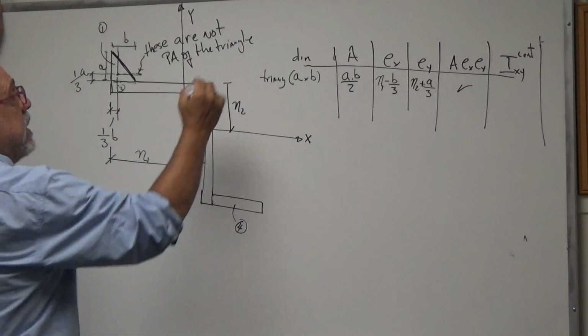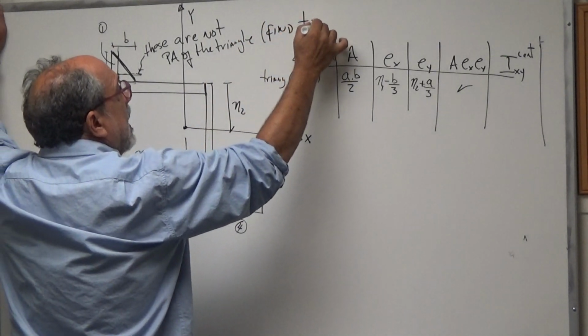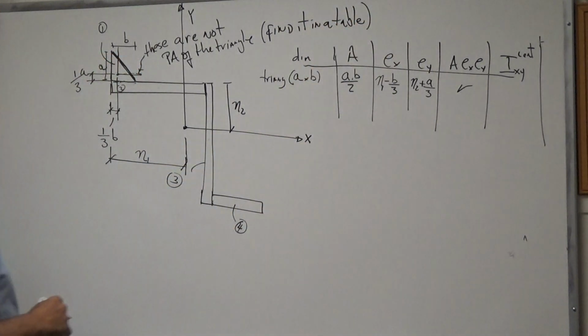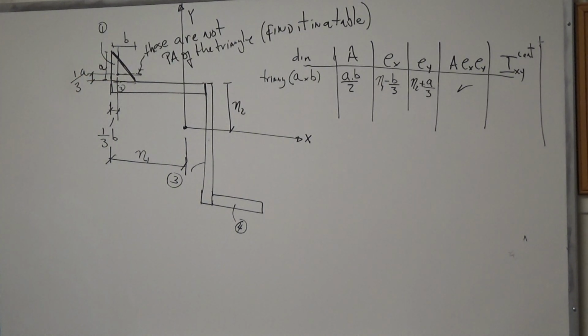You can find it in a table, in the book, or you can find it in Google, or you can find it anywhere that you find tables for products of inertia of standard shapes. But once you find it, and I don't remember what it is, I think it's 1/36 of A times B or something like that.